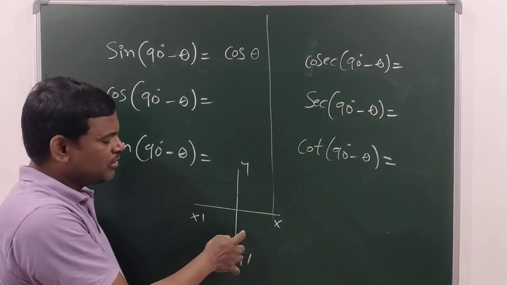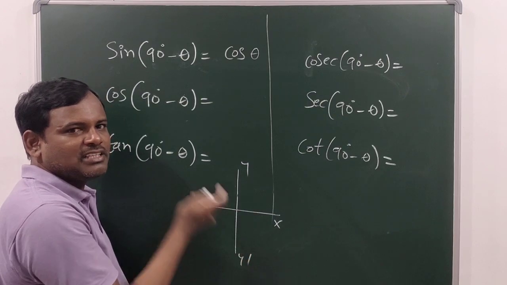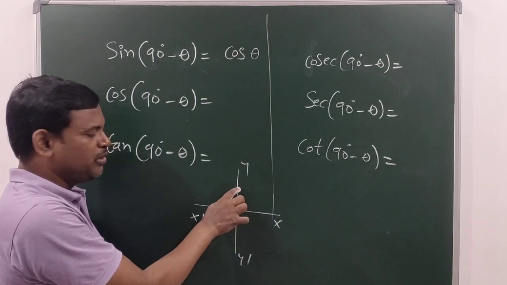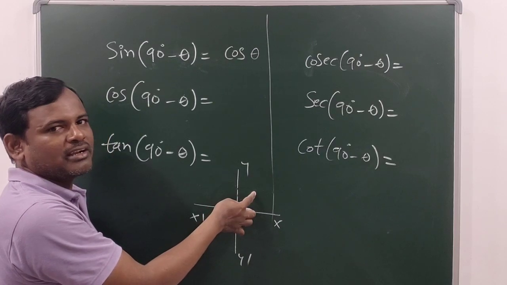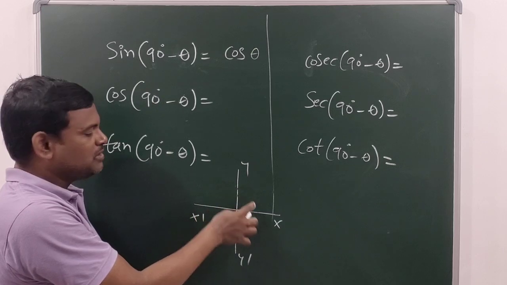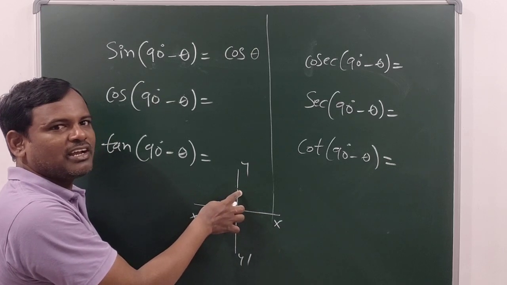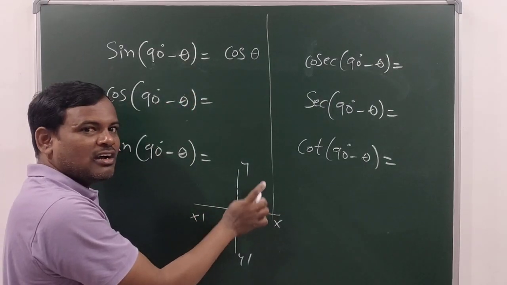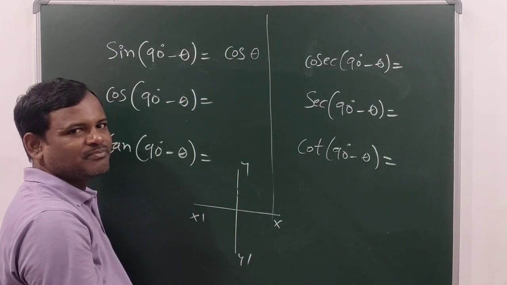In the fourth quadrant, more than 270, less than 360. Here 90 minus is there. You have to move from here to here. 90 minus means you have to come back. 90 minus means from here to here, this measure of an angle 90. If you subtract theta, it belongs to quadrant 1.